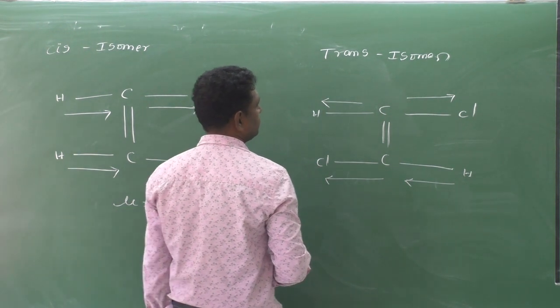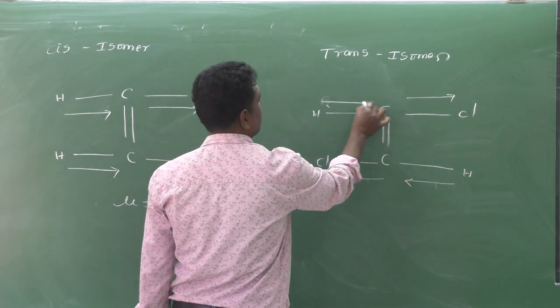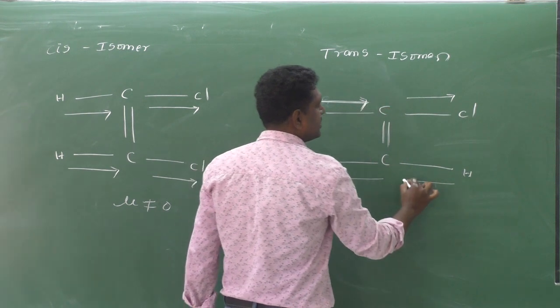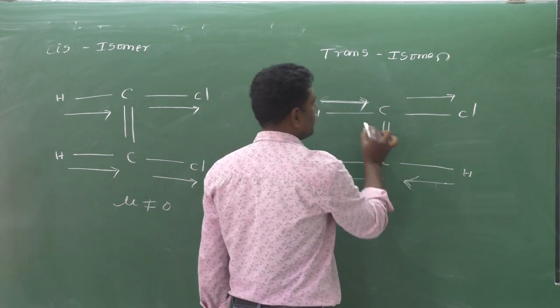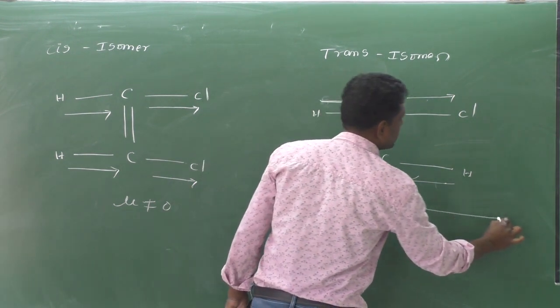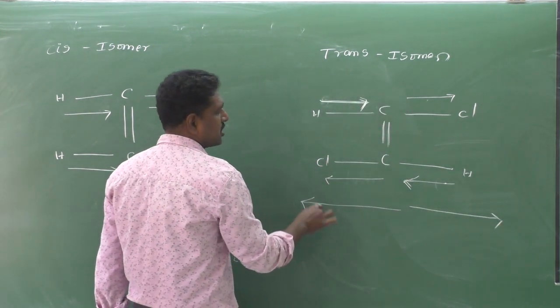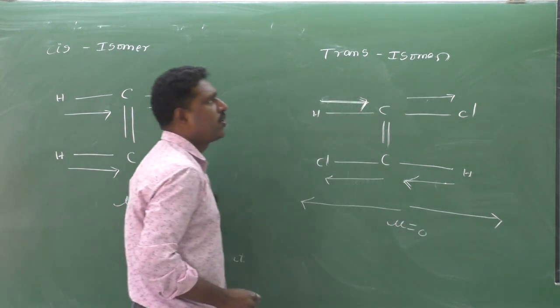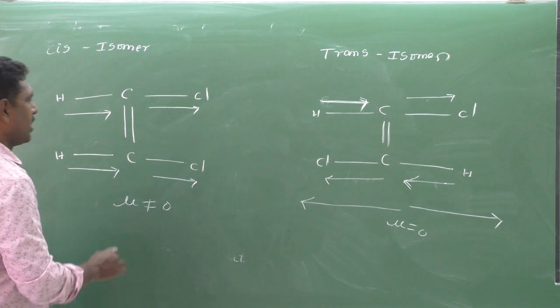So two of these get cancelled. This also gets cancelled. Therefore, mu equal to 0 for trans isomer.